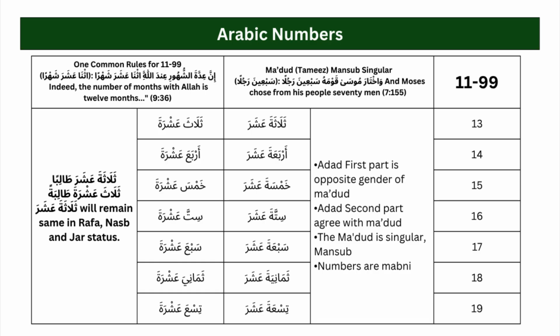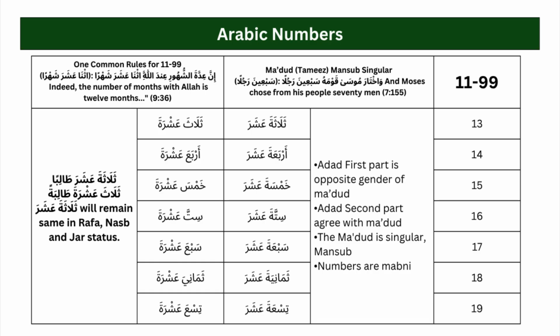Here, the slide gives the masculine and feminine forms, thalathata ashara or thalatha ashrata, arba'ata ashara or arba'a ashrata, khamsata ashara or khamsa ashrata, sittata ashara or sitta ashrata, sab'ata ashara or sab'a ashrata, thamaniyata ashara or thamaniya ashrata, tis'ata ashara or tisa ashrata. Now the rule box gives 4 key points.